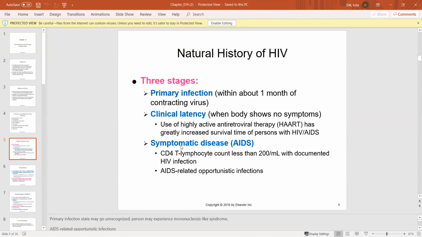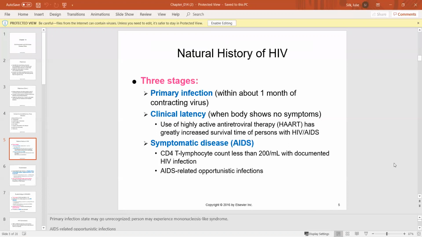So the problem with viruses is that they're constantly mutating and changing. So it's really hard to come up with some type of way to treat them. So anyway, with HIV, what happens is that virus in your body attacks those good cells that you have, those CD4 cells. CD4 cells are cells that would normally go and attack something that's foreign in your body to keep you safe so you don't get sick.